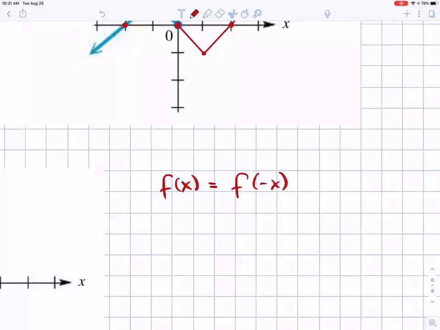Now, the f of x, that's just the original function. But what I want it to equal is an opposite x, but same y. Do you notice how I didn't change the sign of the y value? Pause and pause. So we're taking the opposite x, but the same y.